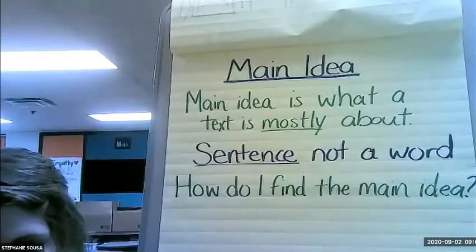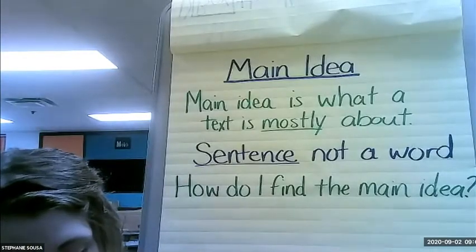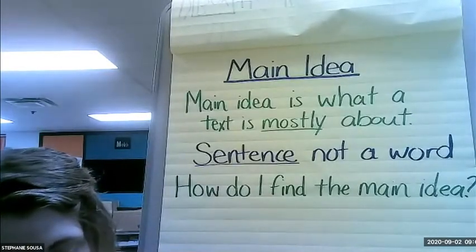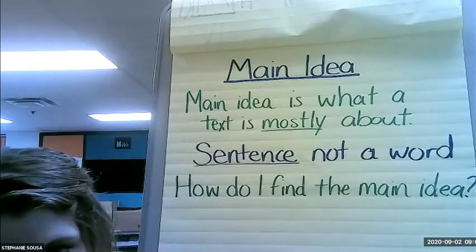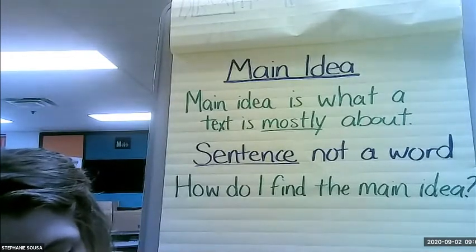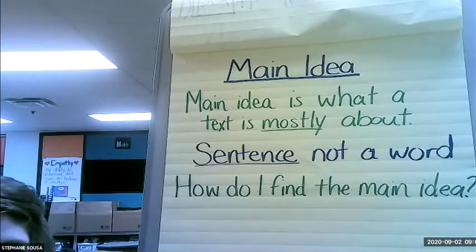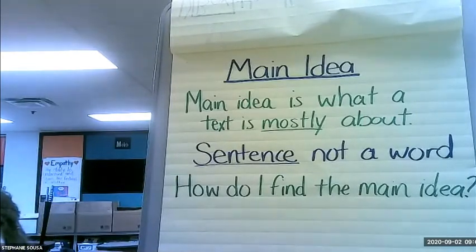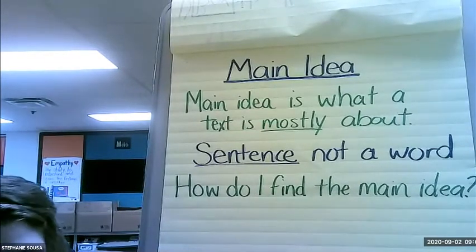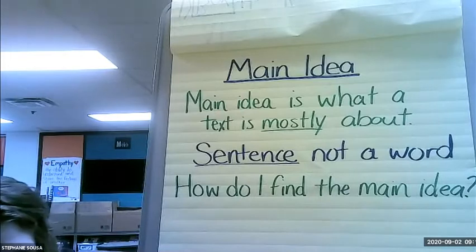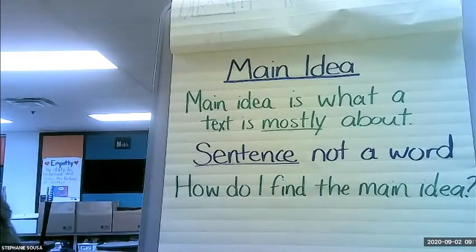And again, I will put this in the chat so that you can copy it from there if you're struggling to see. How do I find the main idea? There's going to be 3 things that you will ask yourself.